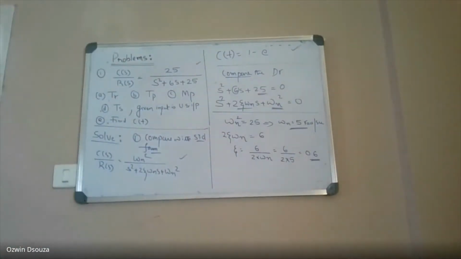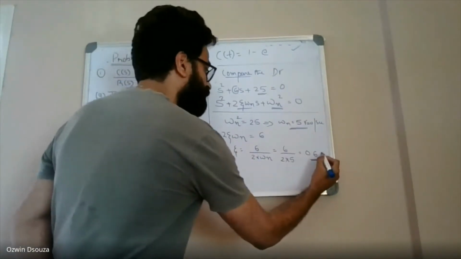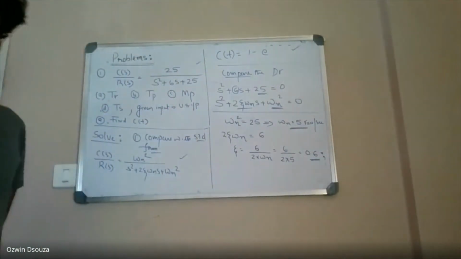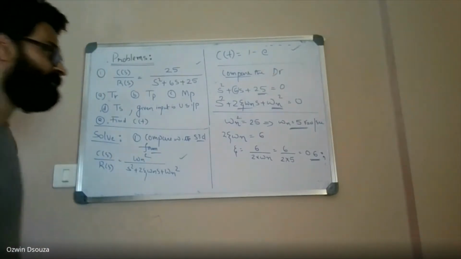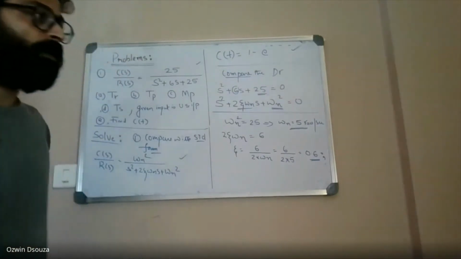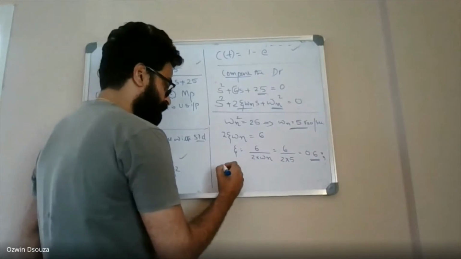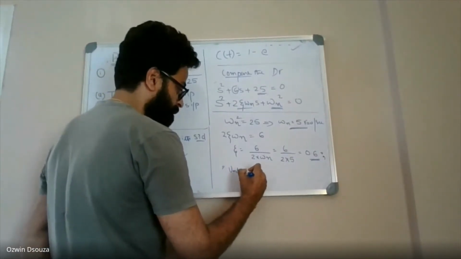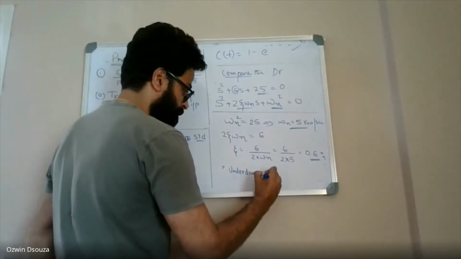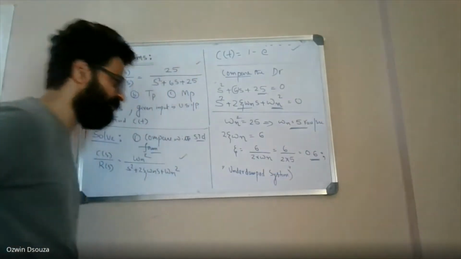By looking at the damping ratio, one can talk about the type of system, in the sense whether it is underdamped, overdamped, or critically damped. Damping ratio is less than unity, so the given system is an underdamped system.